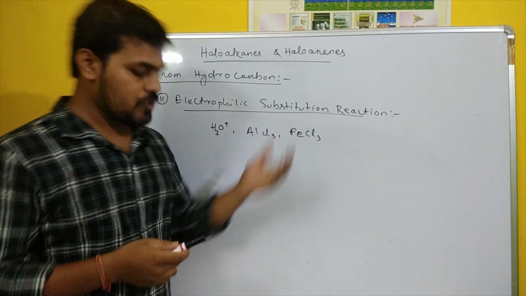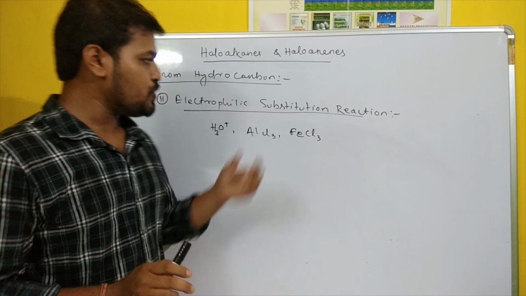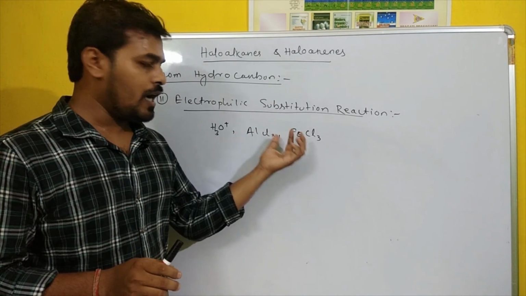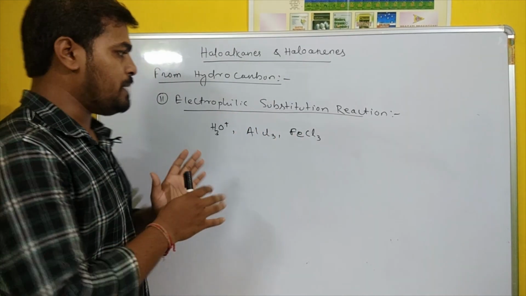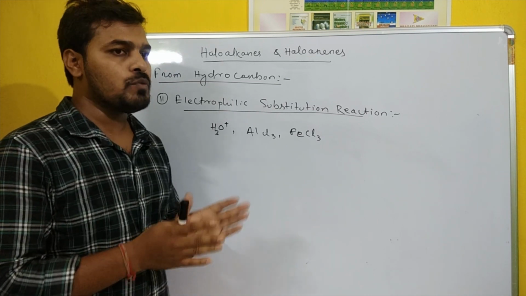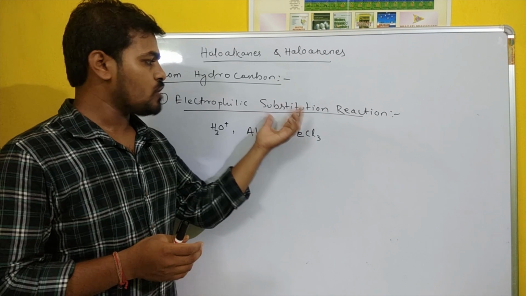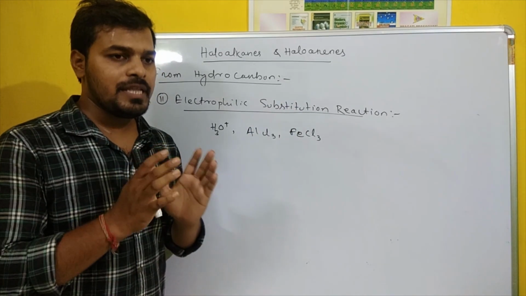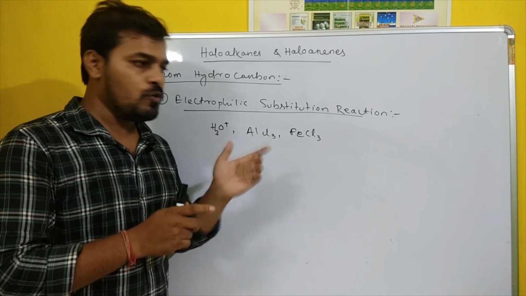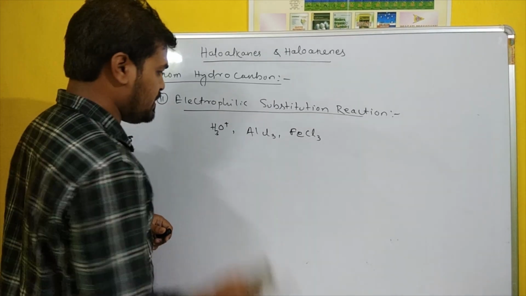And what is a substitution reaction? Substitution means when an atom or group of atoms replaces another atom or group of atoms in a compound, that type of reaction is called a substitution reaction.